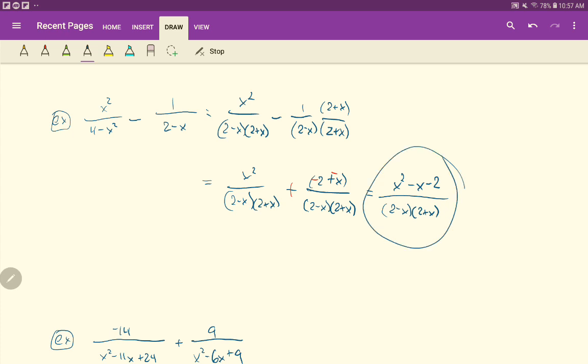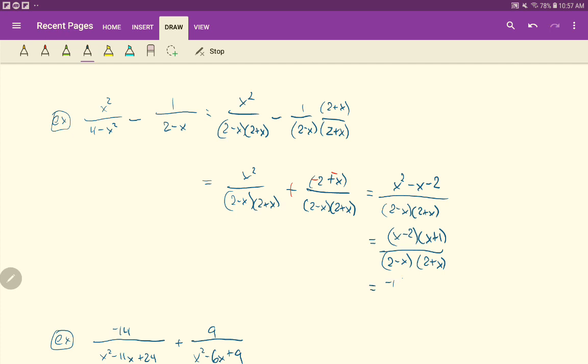And I don't think, no, that does factor. Shoot, it's x minus 2 and x plus 1. Okay, like that. And then you'll notice that these are very similar, but they're opposites.